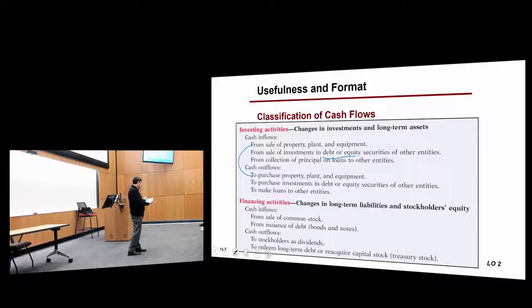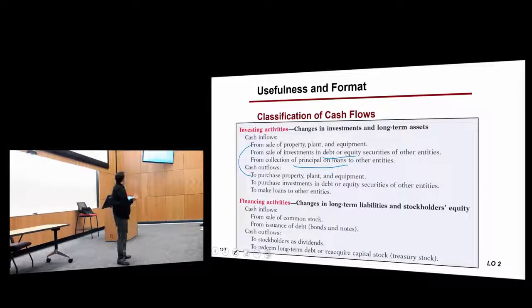Okay? You also have the collection of a principal. This is the collection of a bond, but the principal amount, not the interest. We said that the interest revenue is part of the operating activities. This is when the company is receiving the money that they lent to another company.